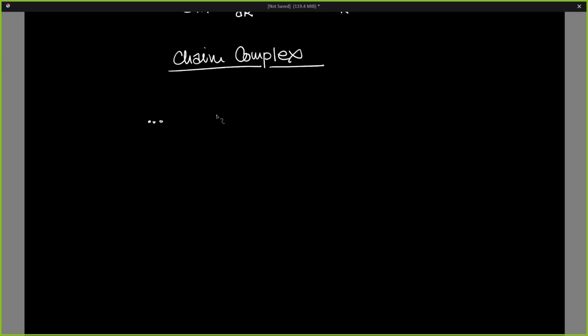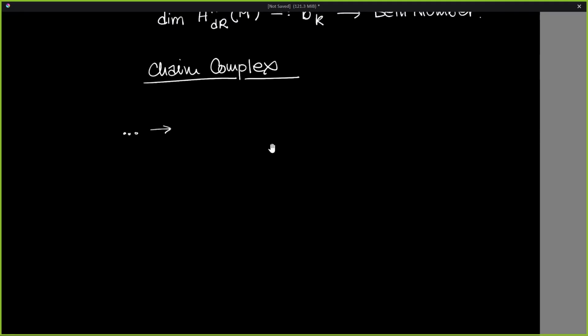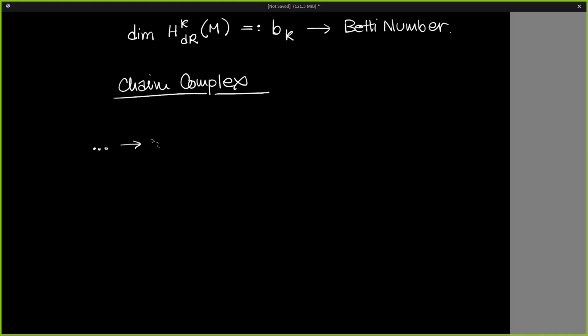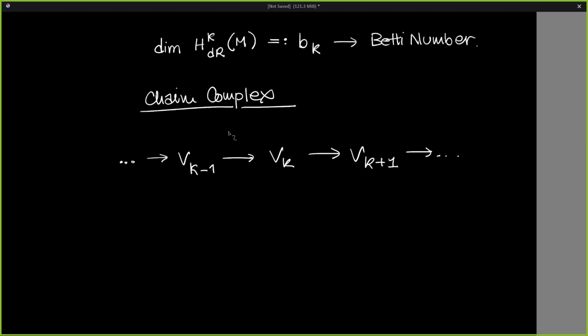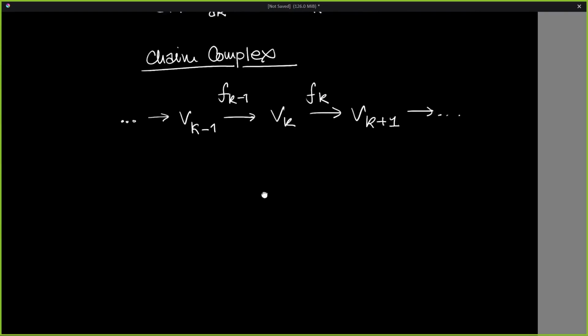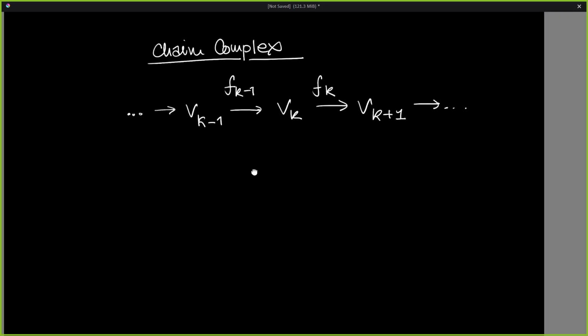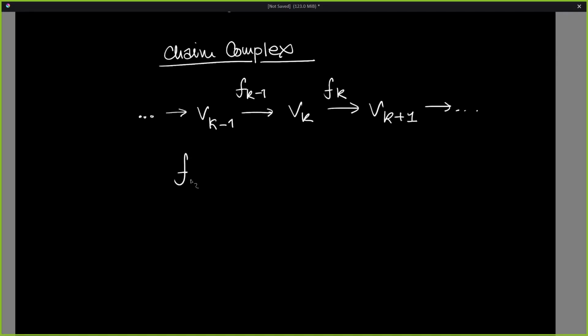So let's say we have this vector space V_{k-1}, then we have V_k, and then V_{k+1}, and then dot dot dot. There could be more. Let's call this map f_{k-1}. Then we have a map f_k. This is called a chain complex if for all these sequential maps, f_k after f_{k-1} is equal to 0.